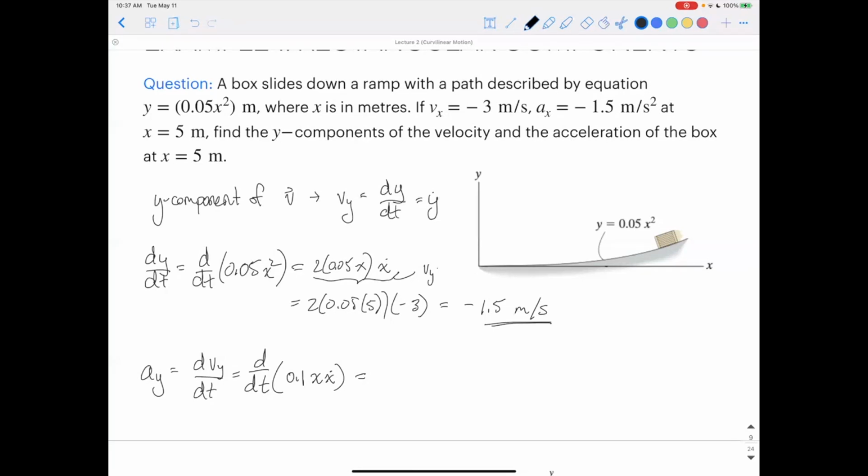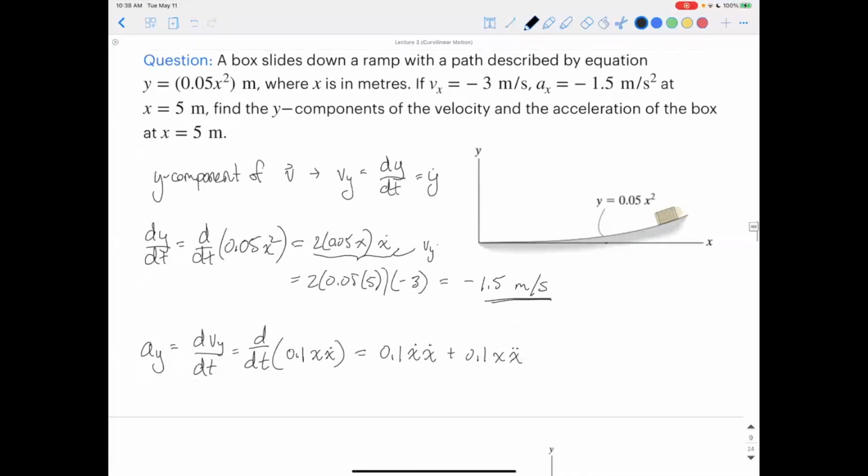So we end up with 0.1. Let's take the derivative of the first x, which is just 1. Get x dot, and then the derivative of the second term, we end up with 0.1 x times x double dot. So we know x dot is minus 3, and we're given ax, which is x double dot, which is minus 1.5.